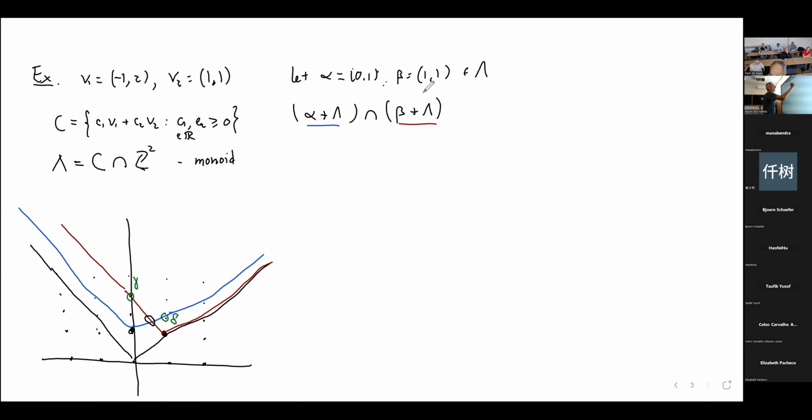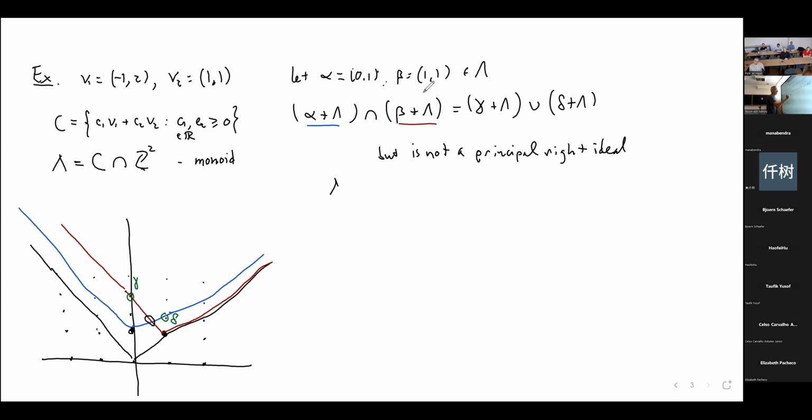So this is equal to gamma plus lambda union delta plus lambda. But it's not a principal right ideal. This lambda is not one of these right LCM groups.